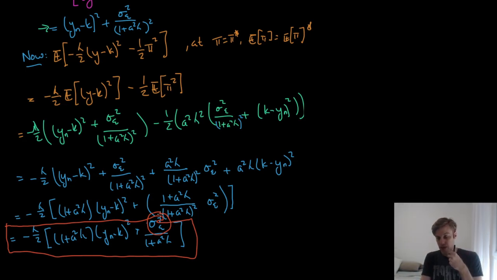So that makes sense. And then also we see this yn minus k, which we already reasoned about, and we said that when the central bank chooses a target k that's very far away from the natural rate of growth, then it has to use the instrument, inflation, to get to k. So the bigger that difference, then the more social loss there is.